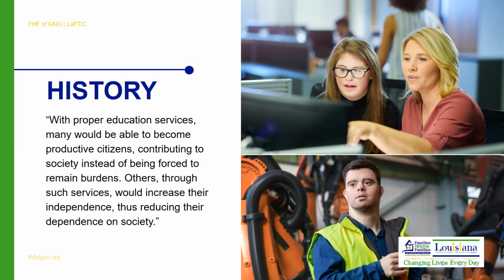Initially, the law focused on ensuring that children with disabilities had access to an education and due process of law. Congress included an elaborate system of legal checks and balances called procedural safeguards that are designed to protect the rights of the children and their parents. And you'll hear more about procedural safeguards.